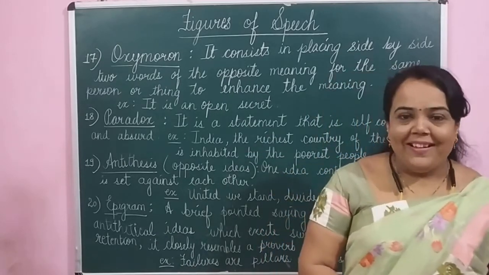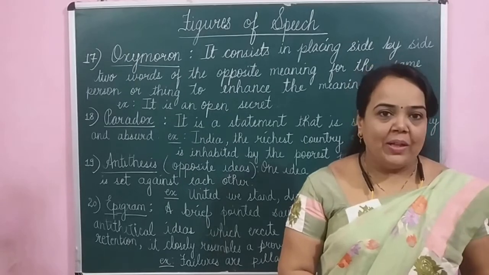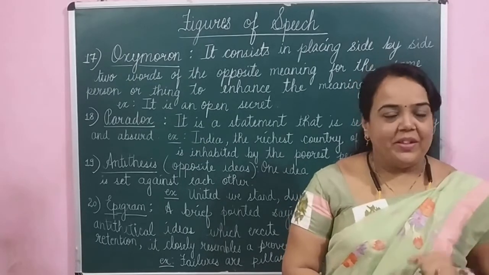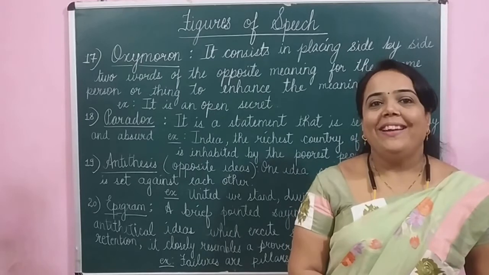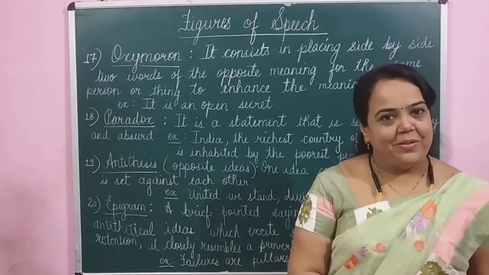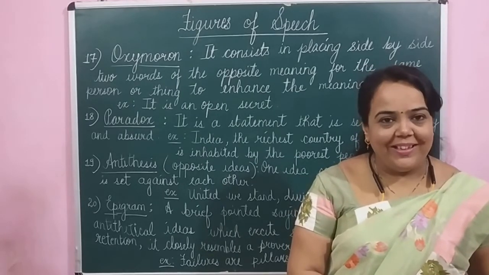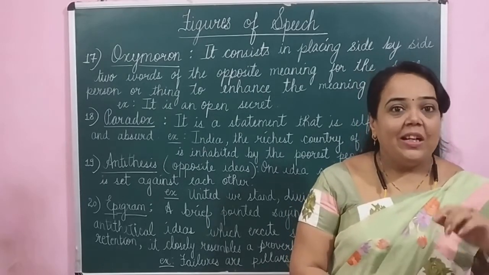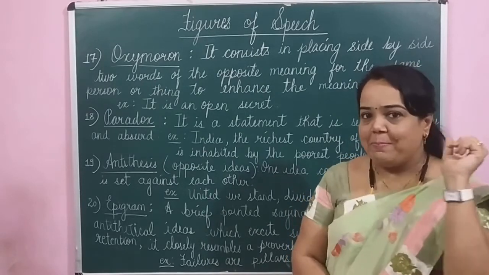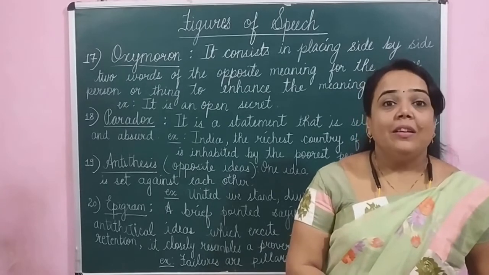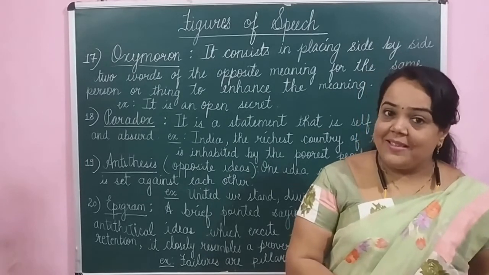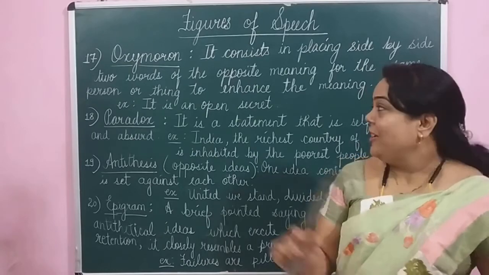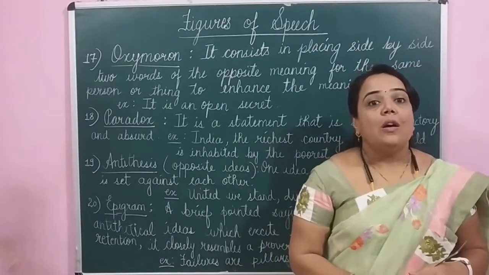Other example, she is regularly irregular. Irregular means she is not coming regularly, and regularly means she is always irregular. So here it is contradictory. 2 words placed side by side about the same person or a certain thing. Okay? Figure of speech is oxymoron.